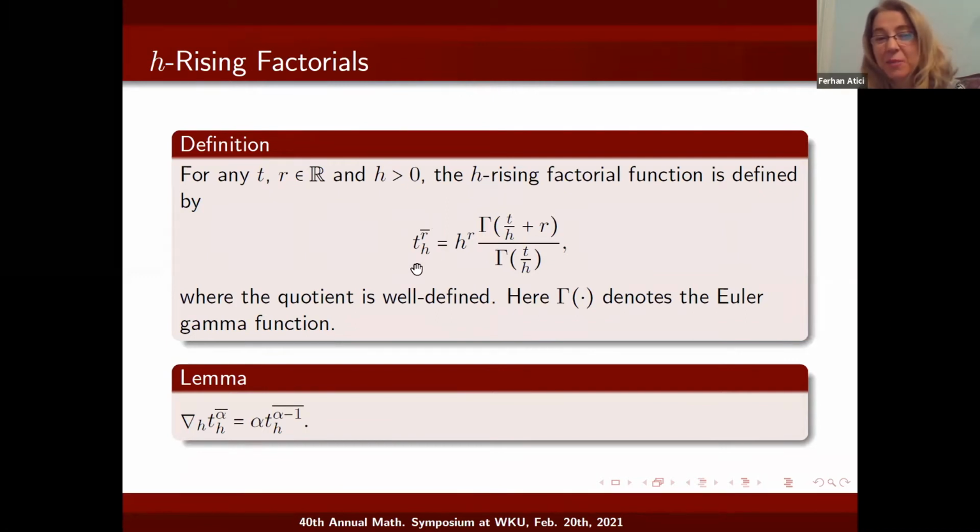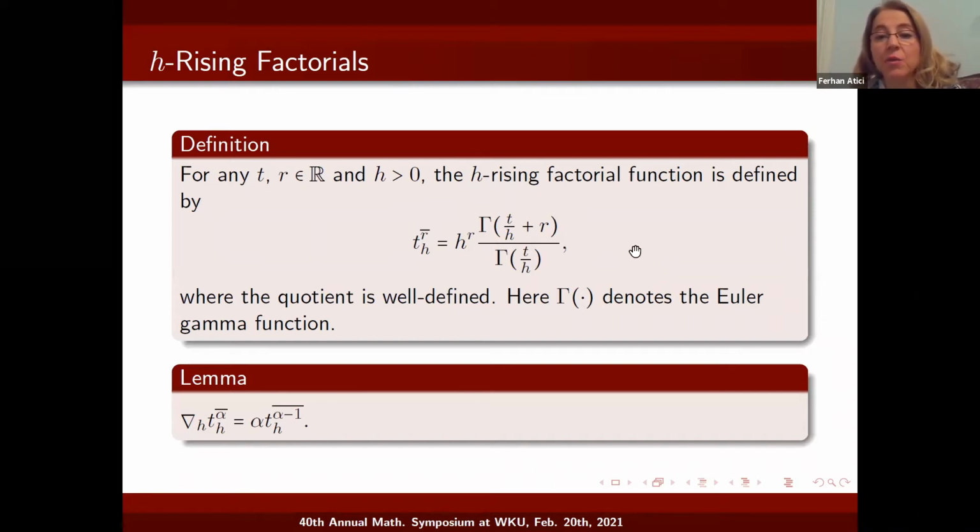So I am talking about t to the 2 rising, t to the 3 rising, t to the n rising. As you see, it is defined by Euler's gamma function. You know that it is not defined at 0, and it has poles at all negative integers.